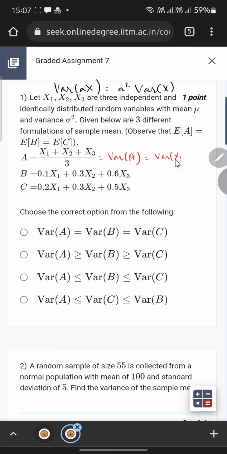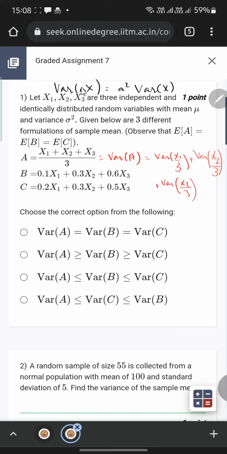This goes right according to the formula I told you before. Variance of x2 by 3, yeah, perfect, plus variance of x3 by 3.